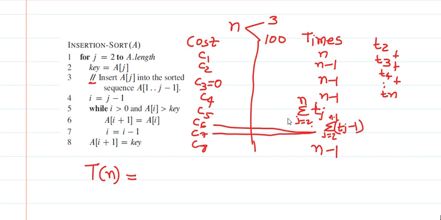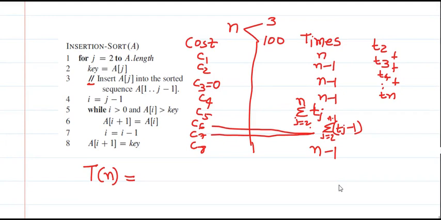For the first line, the cost is C1 but it will be executed n times, so the total time required by line number 1 is C1 times n, because C1 amount of time is required for one execution of line number 1, but we are executing it n times.